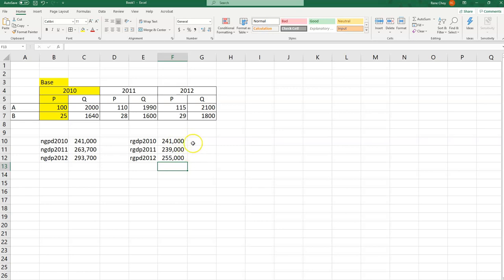And that's what real GDP is trying to do. Real GDP is trying to measure the changes in quantity and excluding the changes in inflation. So real GDP is our metric for economic growth in the US. As a matter of fact, the best metric we have for economic growth in the US is real GDP divided by population, also known as real GDP per capita.